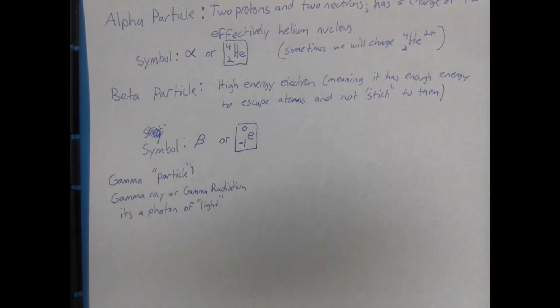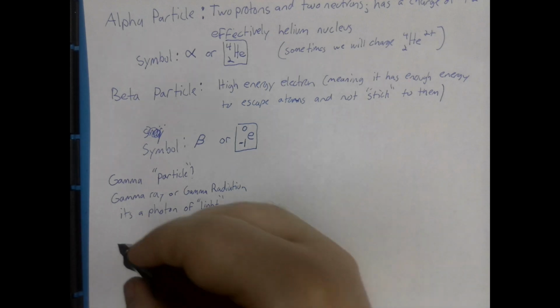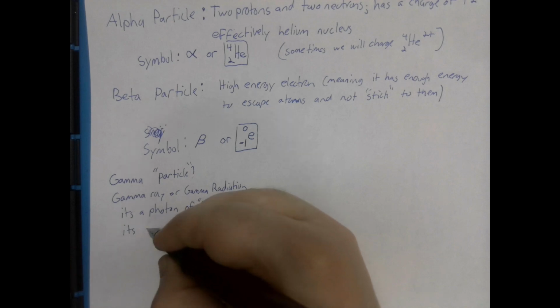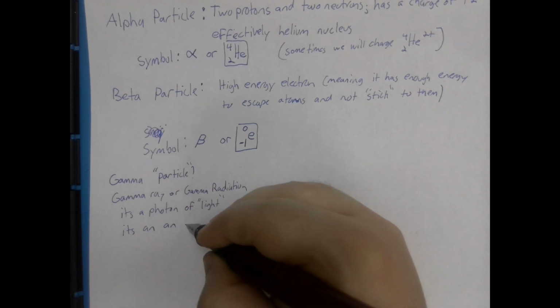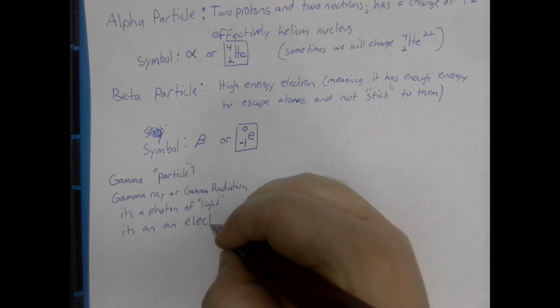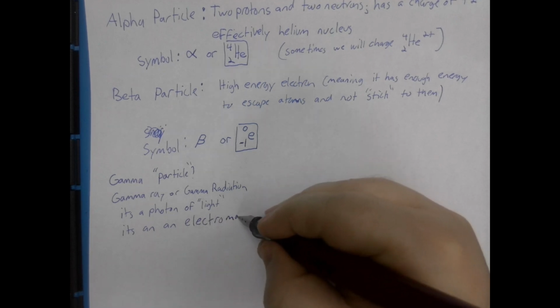There's radio waves, microwaves, visible light, UV light, X-rays. Gamma rays have the highest energy. It's an electromagnetic wave.